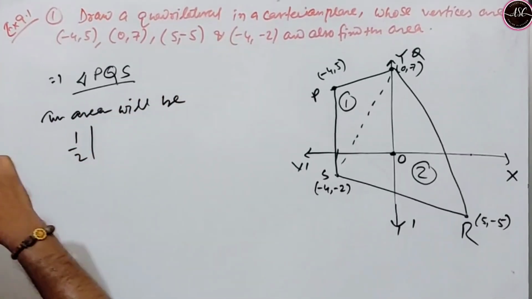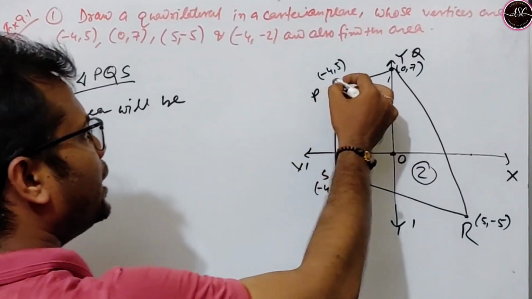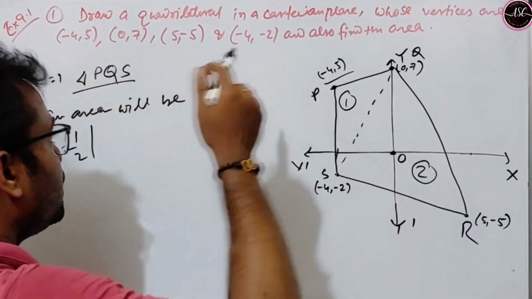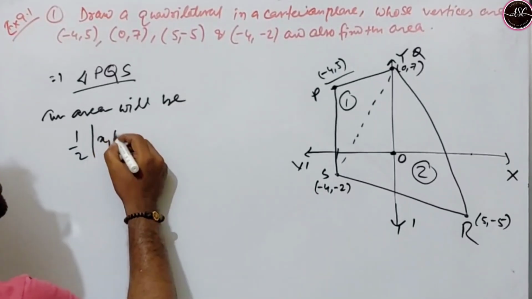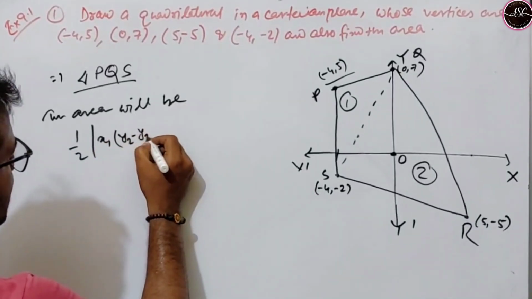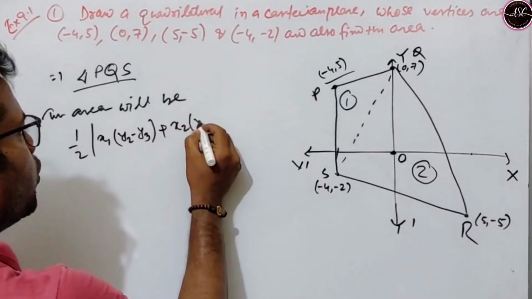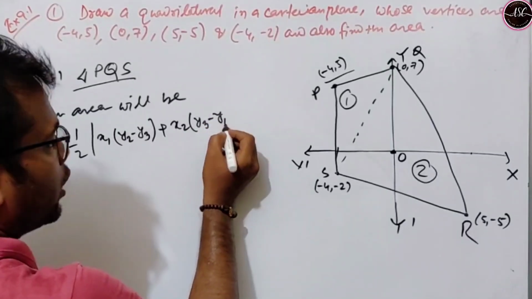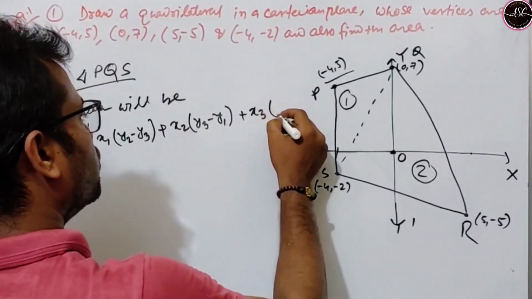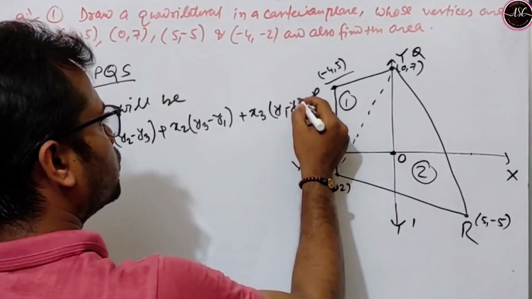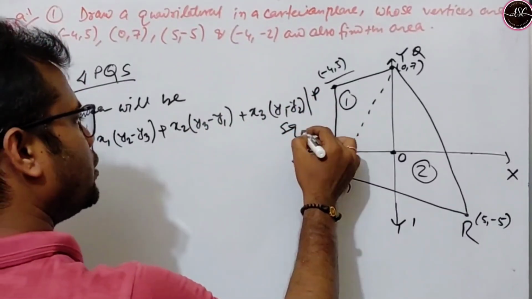half of mod, where let these be (x1, y1), (x2, y2) and (x3, y3). We first write x1 into (y2 minus y3) plus x2 into (y3 minus y1), and x3 into (y1 minus y2), within mod, square unit.